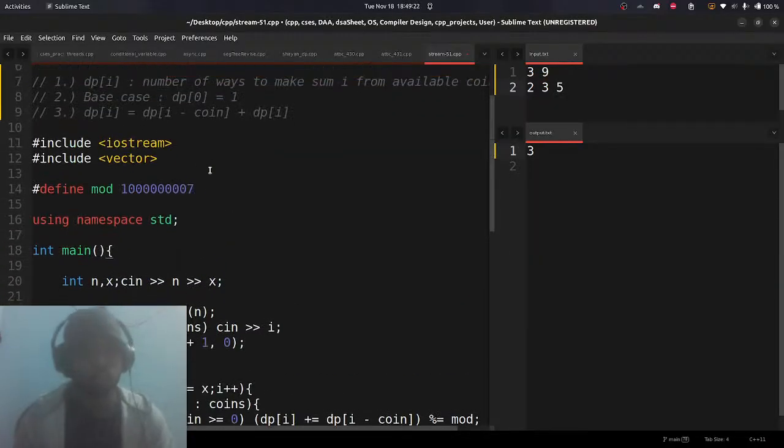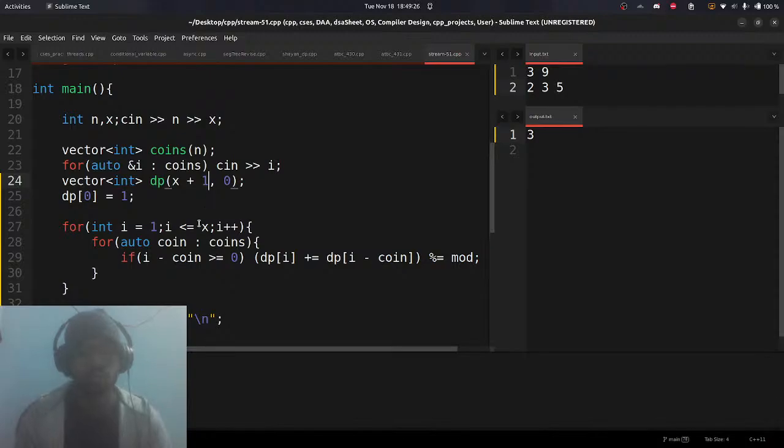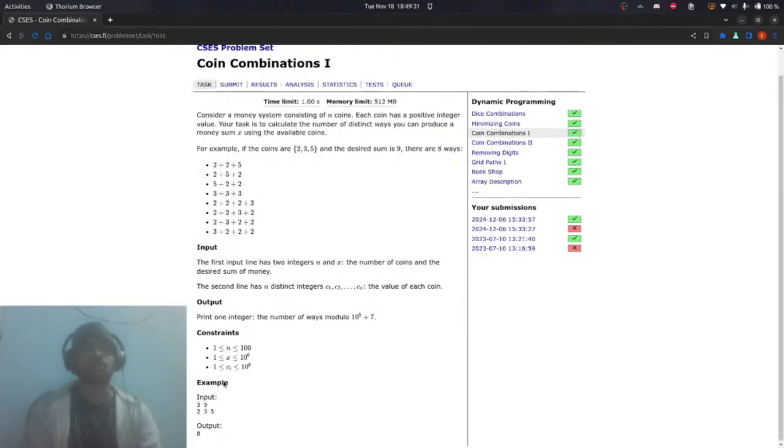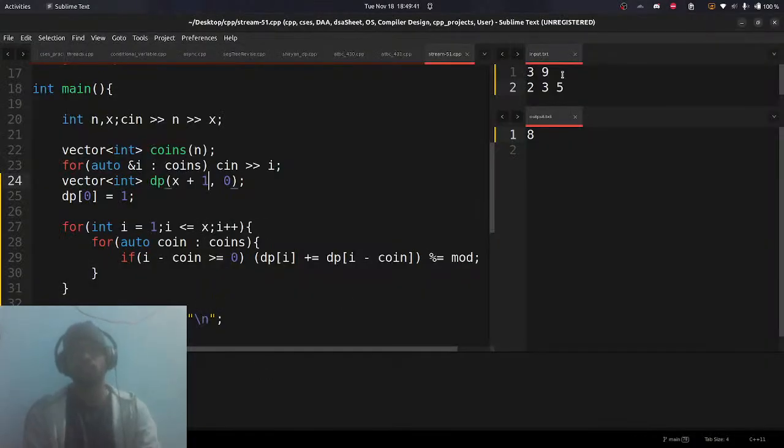So I think it's the same. Maybe we are missing something. What if the desired sum is 10, 14?